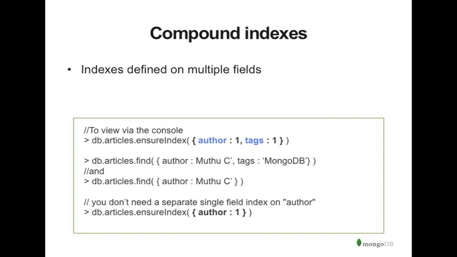If I happen to use the non-leading fields in the query, then MongoDB will not be able to use that index. This is something to keep in mind. So now that we have a compound index, you don't have to create a separate index on the single field author, because it's already a leading field in the index. So you don't have to explicitly create another one, to save space and to save on write performance.